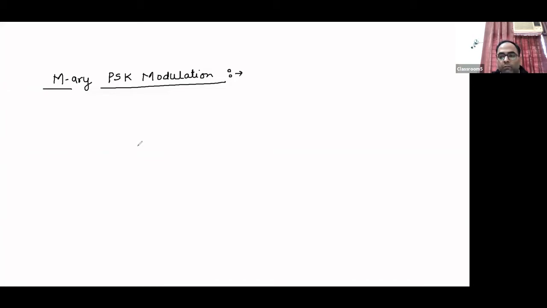And if you are having M-ary PSK, it means that your representation is an M-level representation, and in that case you can have M phases to represent all that information.